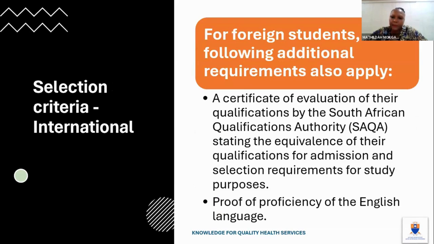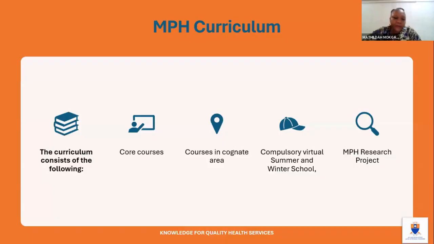What is this? The SAQA qualification verification and the language proficiency as we attract countries from the region, mainly the African continent. Then, from the 4 divisions that I showed you in the first slide, we will have core public health courses: health systems, health promotion, environmental and occupational health, epidemiology, biostatistics.